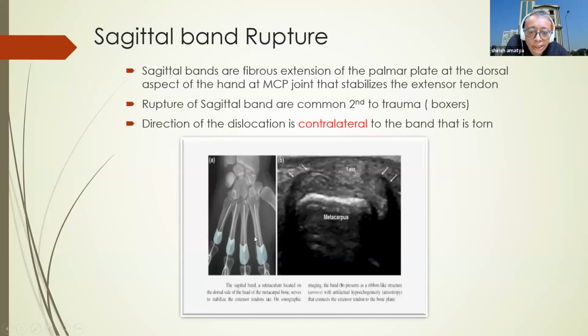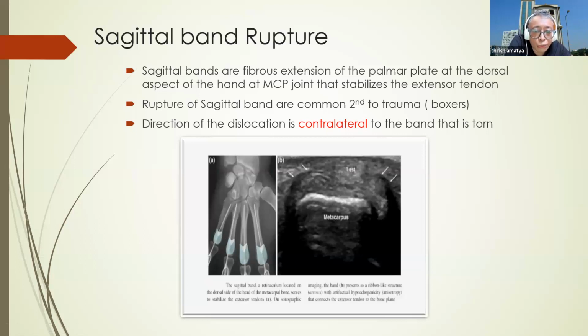As you can see in the picture, these are the sagittal band, and in the ultrasound picture, you can see the extensor tendon lying over the metacarpal head, and at the lateral aspect you can see the anechoic extension on both sides as shown with the arrow. These are the sagittal band, which helps to stabilize the extensor tendon.